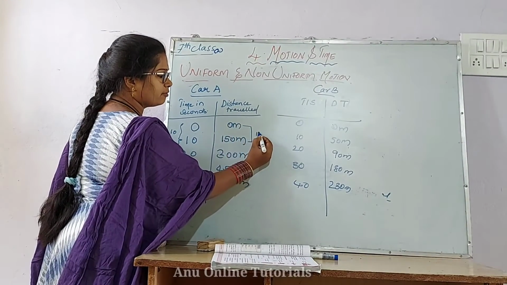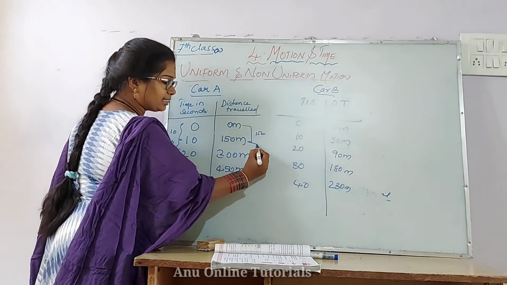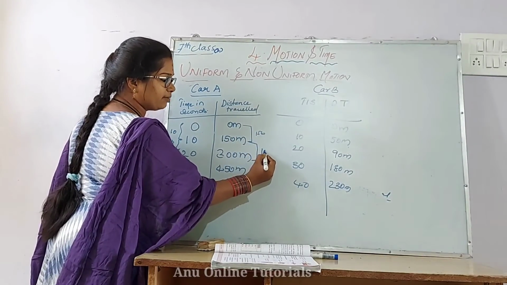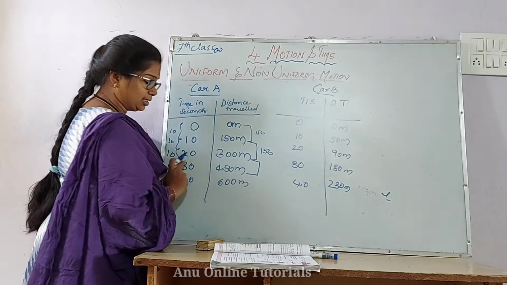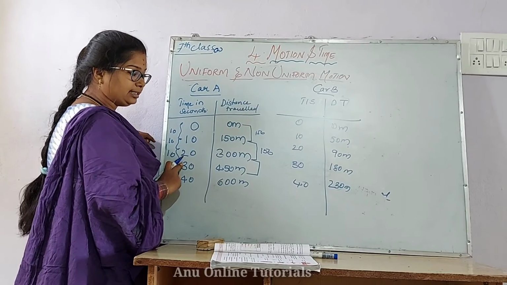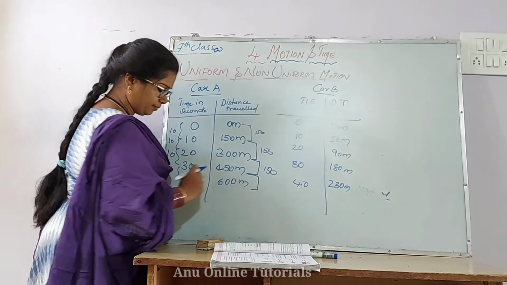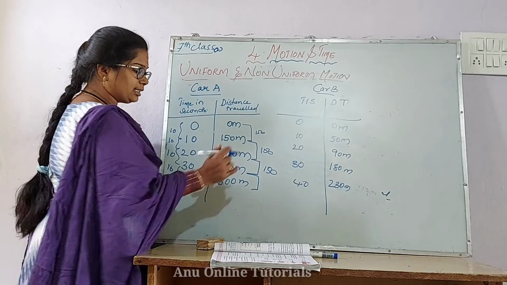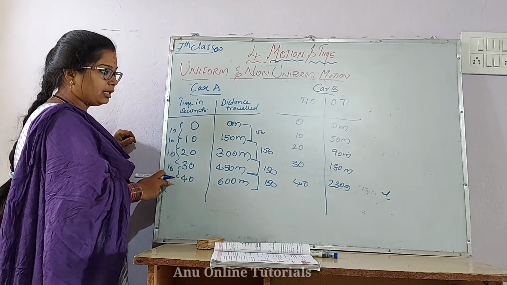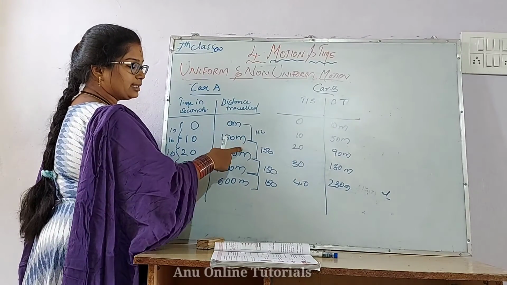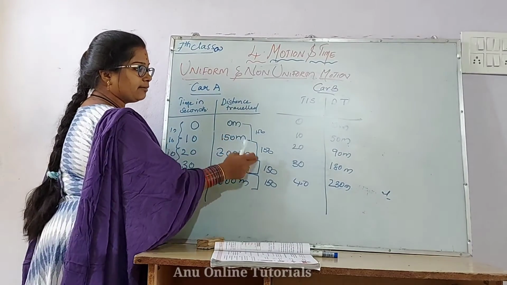For the first 10 seconds it has traveled 150 meters, for the second 10 seconds 150 meters, for the third 10 seconds 150 meters, and for another 10 seconds 150 meters. Means in the same interval of time, the distance traveled is the same.